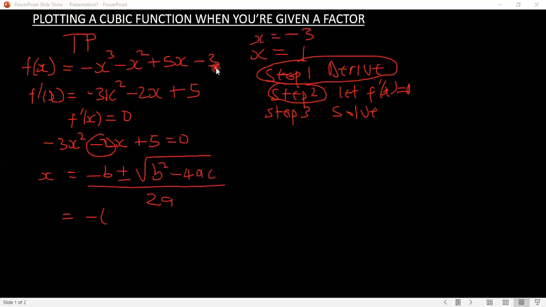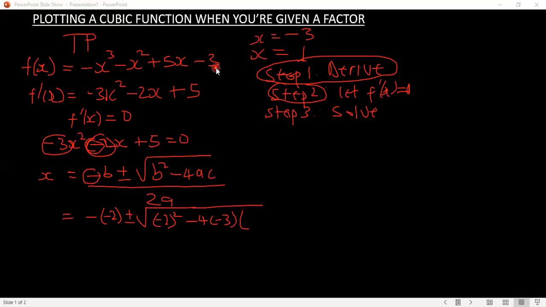And please, guys, this negative doesn't mean we exclude it. The value of b here is negative 2, plus or minus the root of negative 2 whole squared minus 4 times a. The value of a is what? Negative 3.